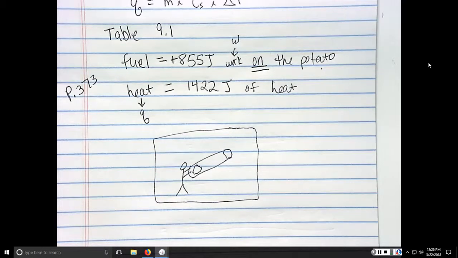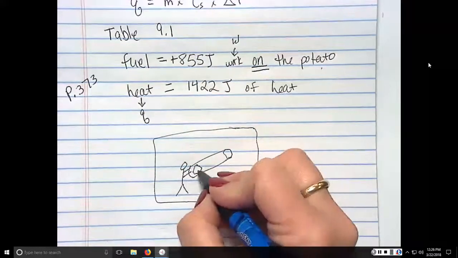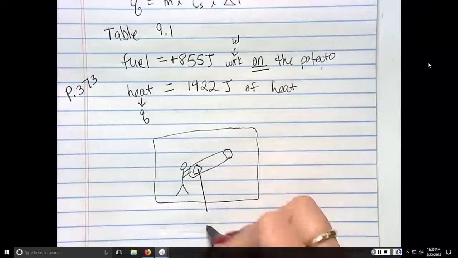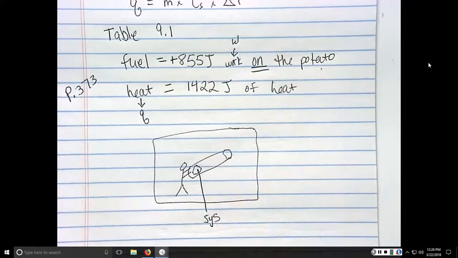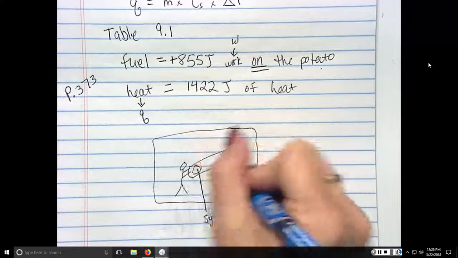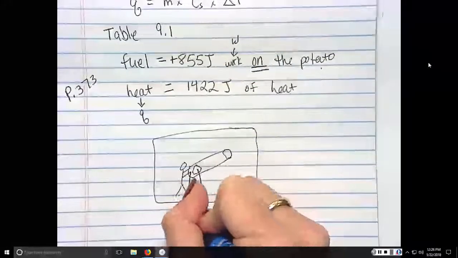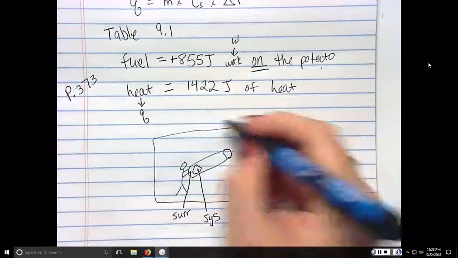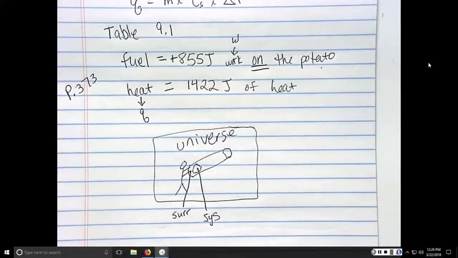So if we're talking about this, the potato, we could consider the system. We consider it the system because that's what we're looking at. The cannon, or the fuel in the cannon, is the surroundings, and everything else is the universe.